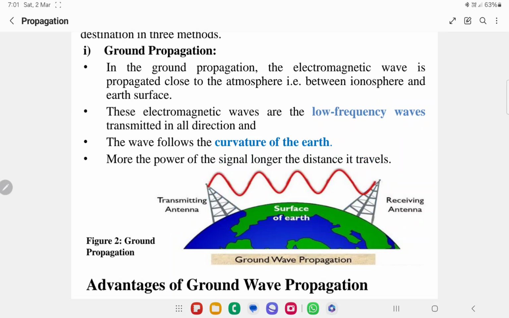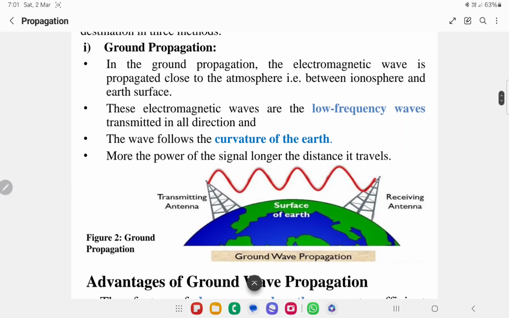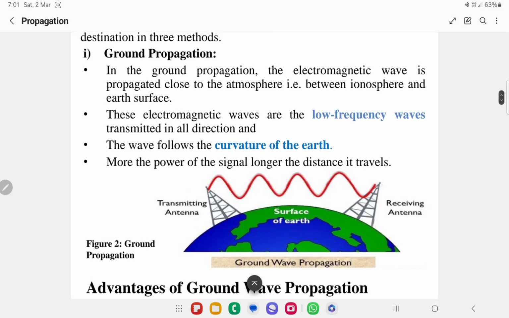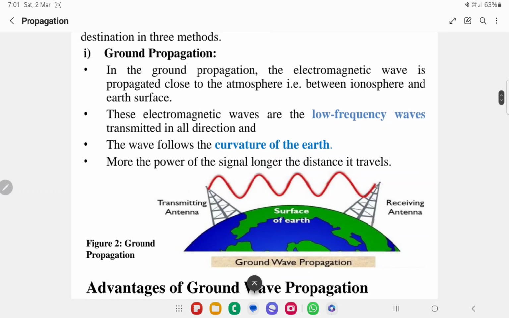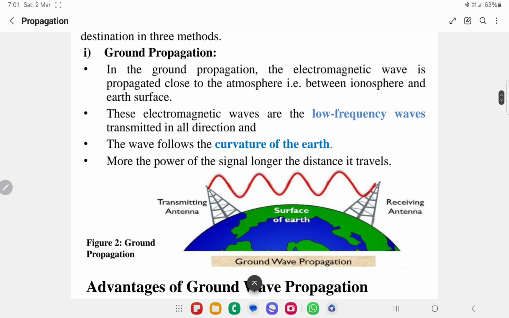One more thing we should keep in mind: when you are sending any signal, how far the signal will travel depends on the strength or power of the signal. If one antenna is placed here and another here, the distance between them depends on the power. The more the power, the more distance the signal will travel.